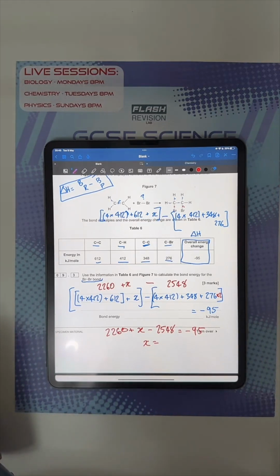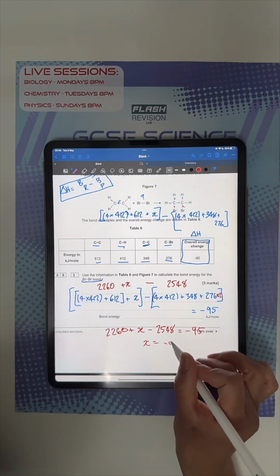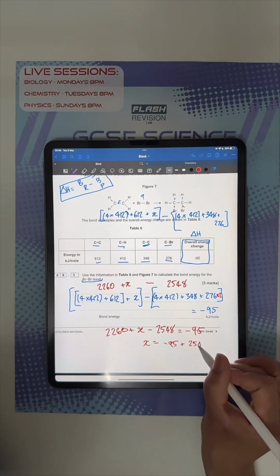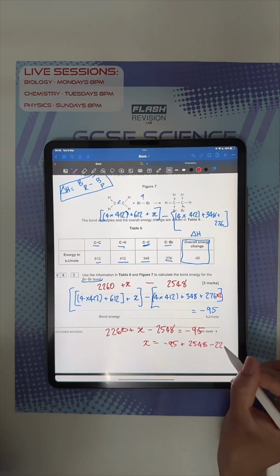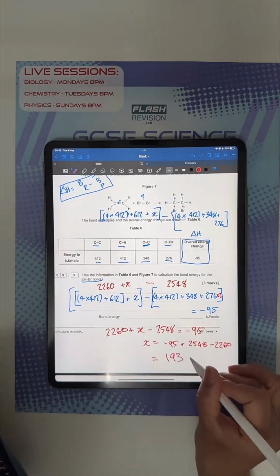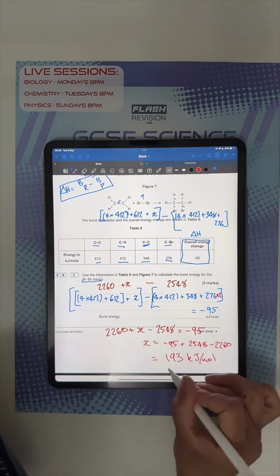Yeah, it was a silly mistake. I said it, but I forgot to write it down. 193. Yeah, so you do minus 95 plus 2548 minus 2260. And that gives 193 kilojoules per mole. Well done, guys.